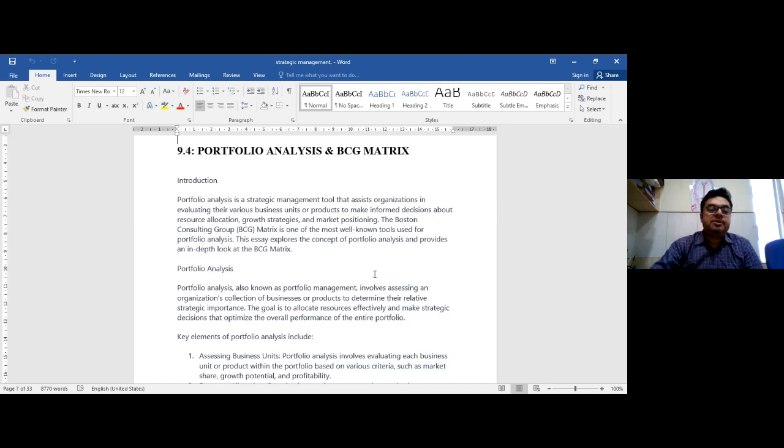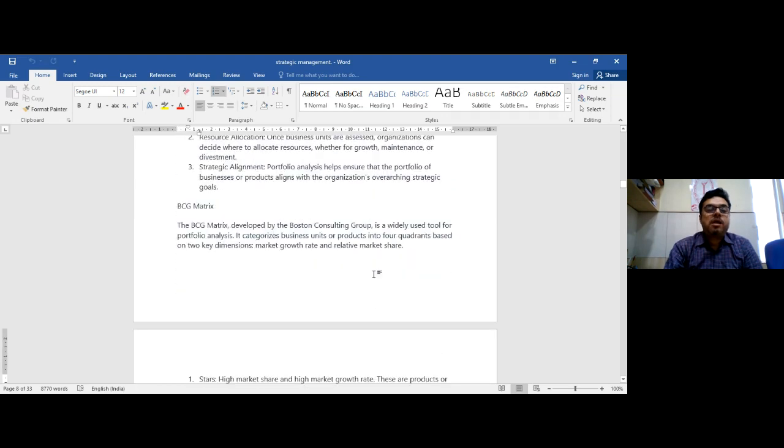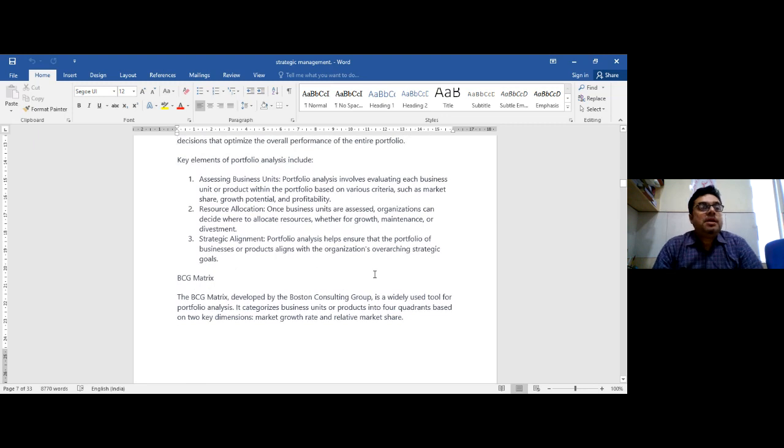The key elements of the portfolio analysis include assessment of business units, evaluating each business based on criteria which includes the market share, the market growth potential, and also the profitability.